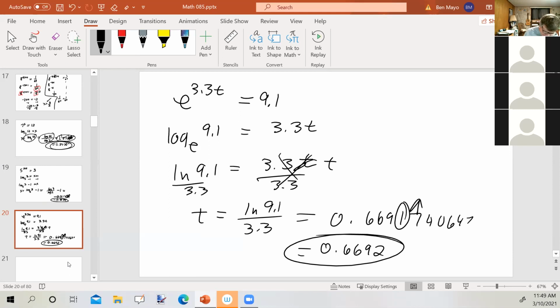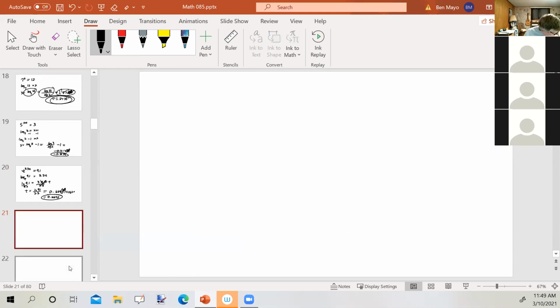Okay. Now, let's say we've got this situation. Log of 5x equals 4. Well, this is a logarithmic equation. I could change it to an exponential equation, but what's the implied base? Anybody? 10.